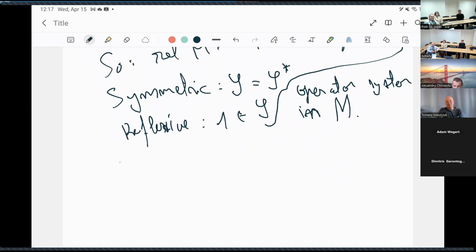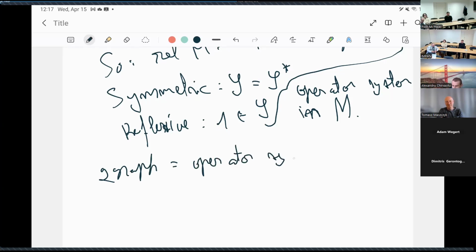So one thing, we have operator systems. This is one version of quantum graphs in the context of this talk. Q graph equals operator system in Mn.